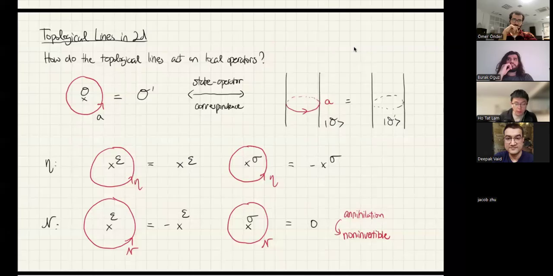The way a topological line acts on a local operator is that you imagine you have a local operator and you surround it with your topological line. Because it's topological, you can shrink it, and it will give you a new operator. This is how you define the symmetry action.